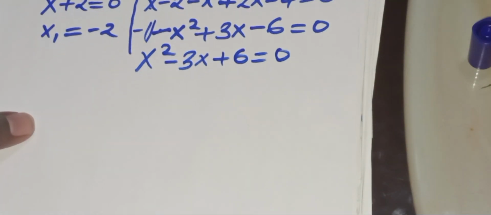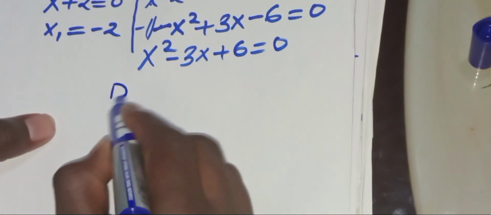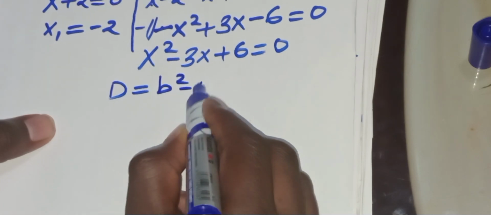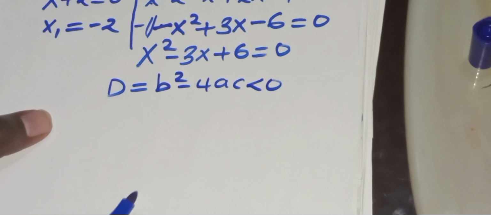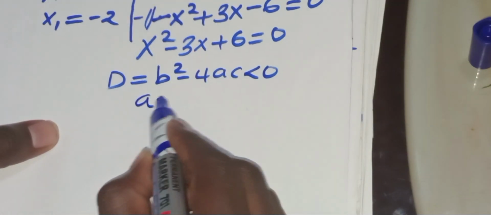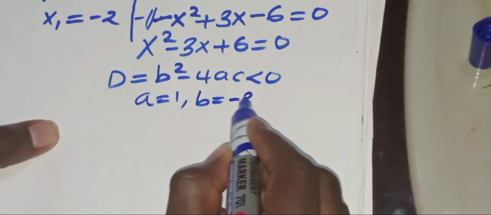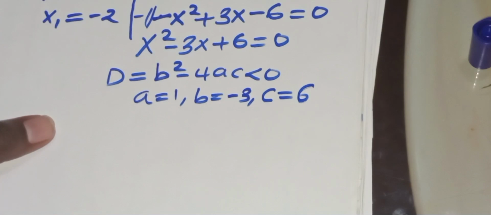Okay, so let's check the discriminant value, which is given as D, which is b squared subtract 4ac. Let's see if it is less than 0. From our quadratic equation, a is equal to 1, b is equal to negative 3, and c is equal to 6.